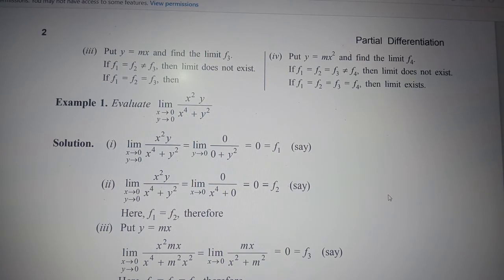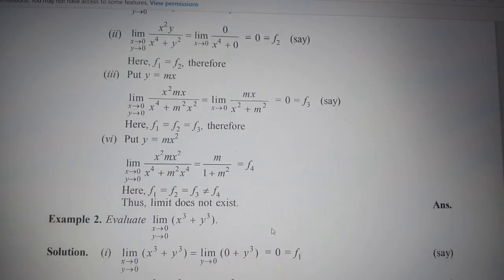Next we give y is equal to 0 first, then x equal to 0. So f1 and f2 are the same in this case. Then we substitute y is equal to mx, as x turns to 0, and f3 is also the same as the previous functions. So f1 is equal to f2 is equal to f3.